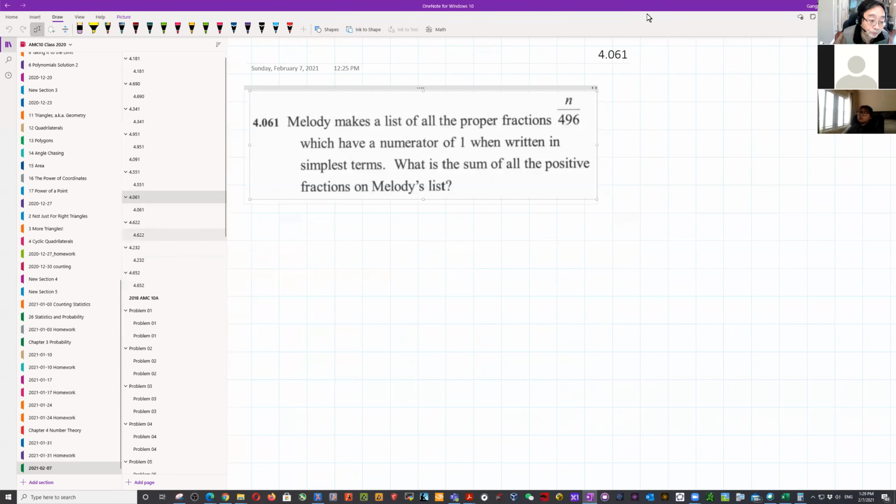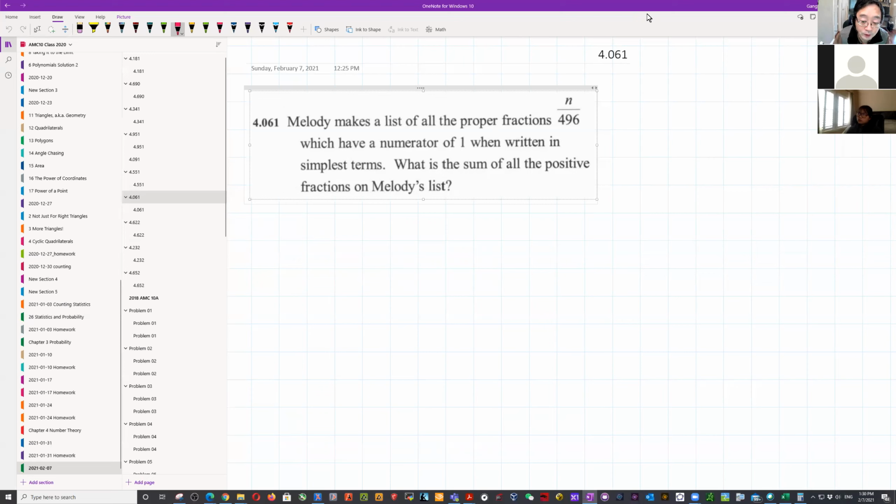So this one, basically Melody makes a list of all the proper fractions n over 496 which have a numerator of 1 when written in simplest terms. What is the sum of all the positive fractions on Melody's list?